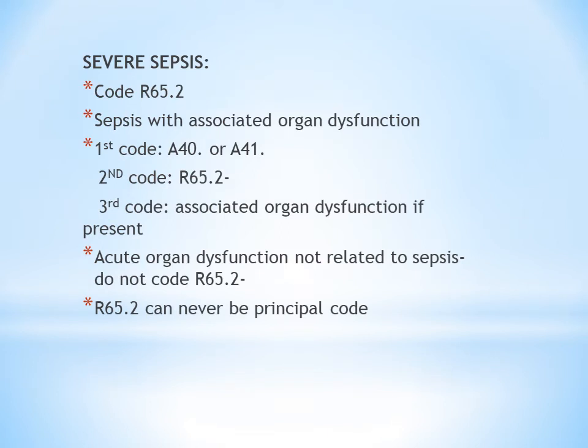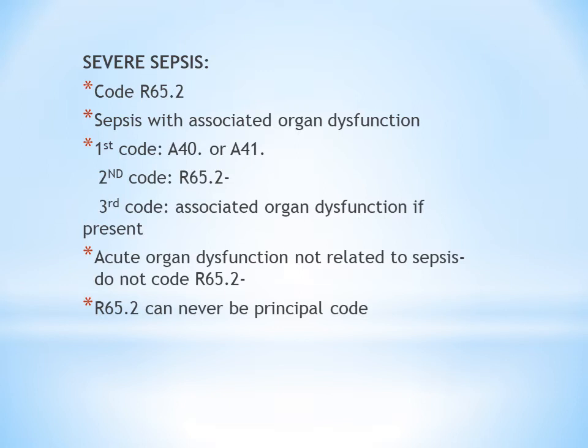Then the next one is severe sepsis. The code for severe sepsis is R65.2. You take this code only if the physician documents severe sepsis, or sepsis with associated organ dysfunction, or sepsis with associated organ failure.